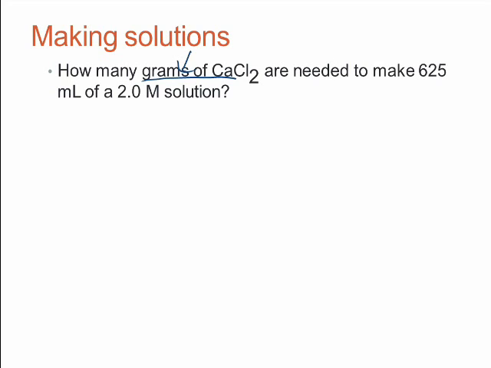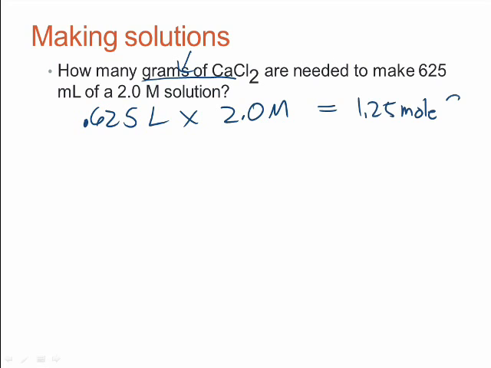Fun stuff. All right, let's just first change 625 milliliters to liters. That's 0.625 liters. We multiply that molarity times liters, 2.0 molarity, and we get moles. 1.25 moles of calcium chloride.